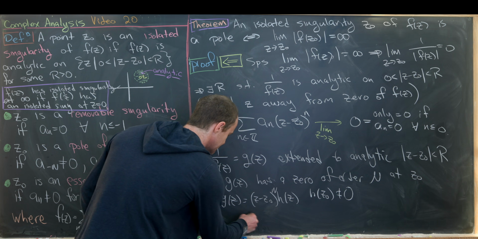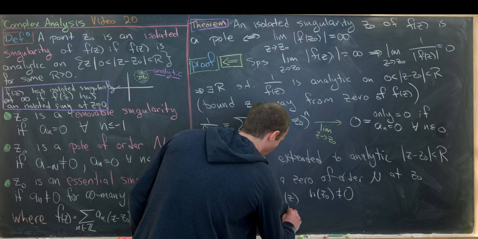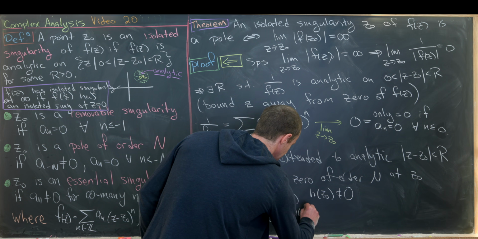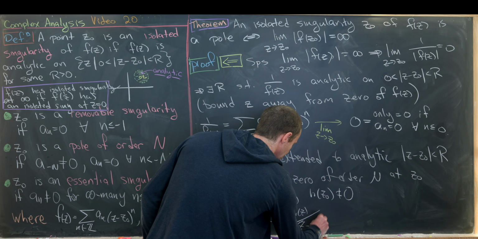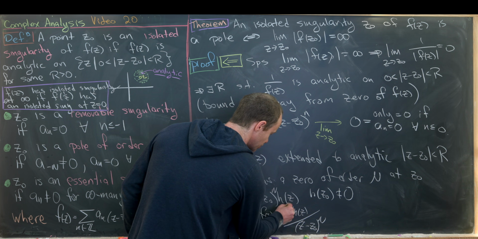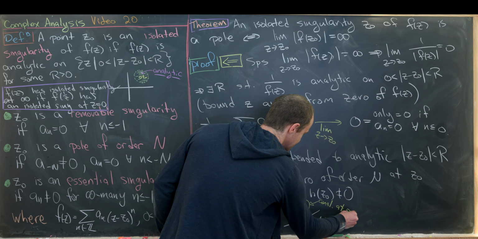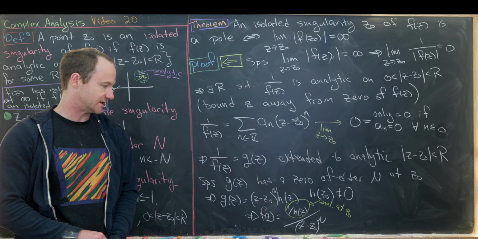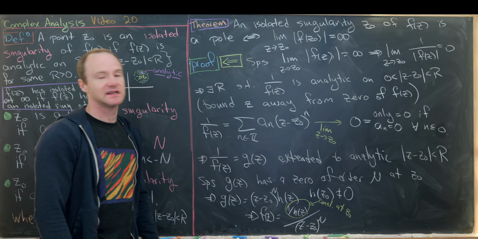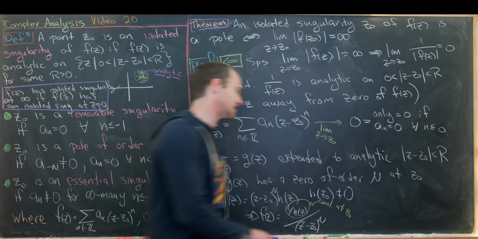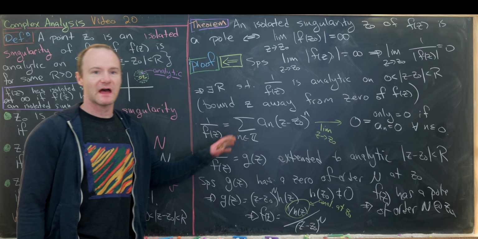But that means that f of z equals 1 over h of z all over (z minus z naught) to the n. And by our construction, this 1 over h of z is analytic at z naught, and it's non-zero at z naught. That's by this right here. But we've got this (z minus z naught) to the n. That means that f of z has a pole of order n at z naught. And that finishes this proof.